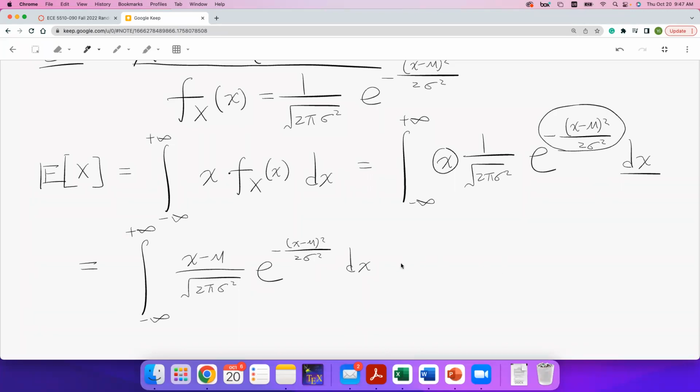I missed the term here. I want to create x minus mu so that, combining with this one, I have x minus mu squared. So if I subtract mu here, I need to add mu. Right, it's the same.